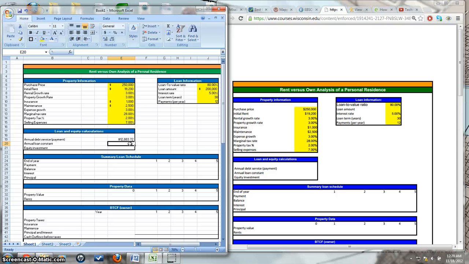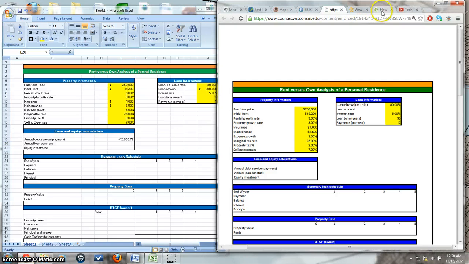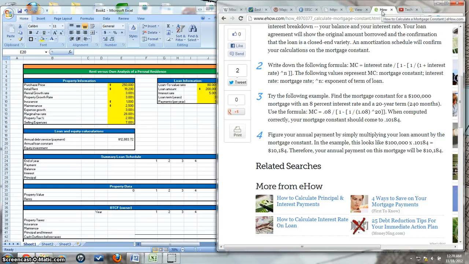Now the annual loan constant, it's one of those things you can look up, and I have a formula here, a nice complicated formula, and it's basically the loan amount times the constant gives you your annual payment on the mortgage. Well, that's wonderful, and that annual debt service, or the annual payment, is right there. But that means that the annual debt service divided by the loan amount will actually give you your constant.